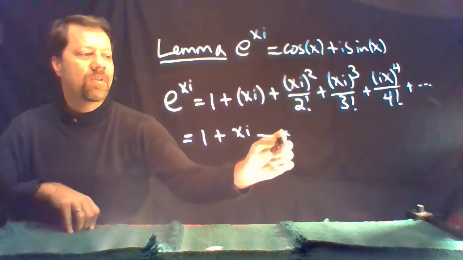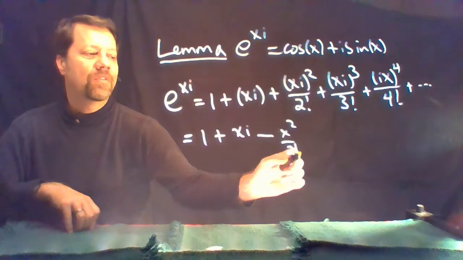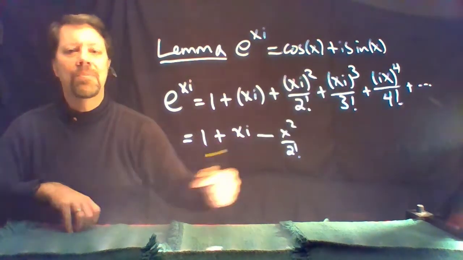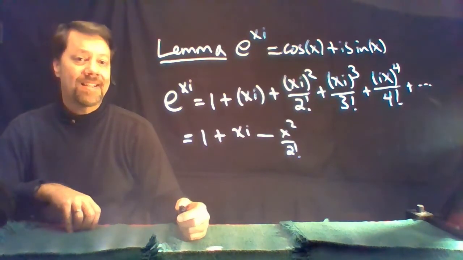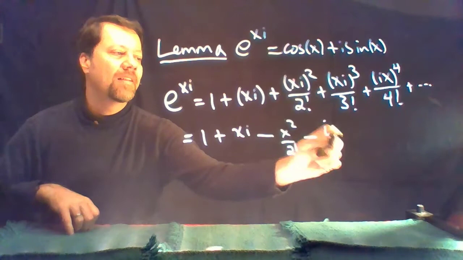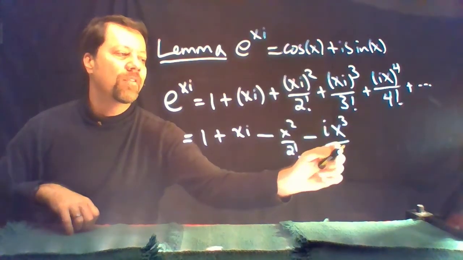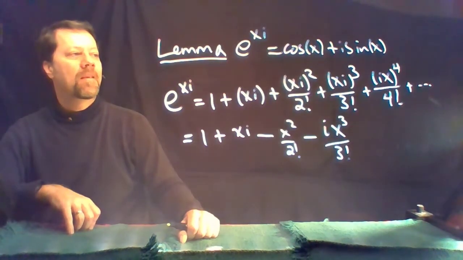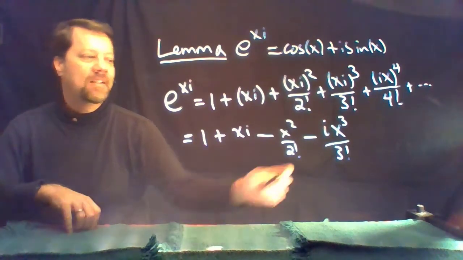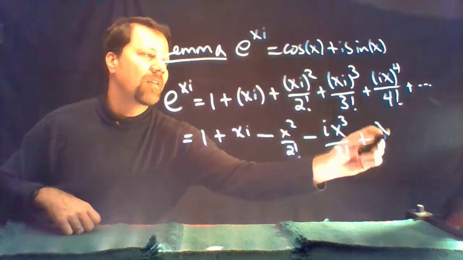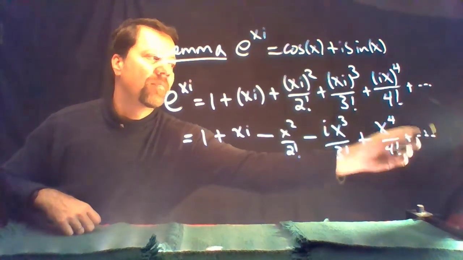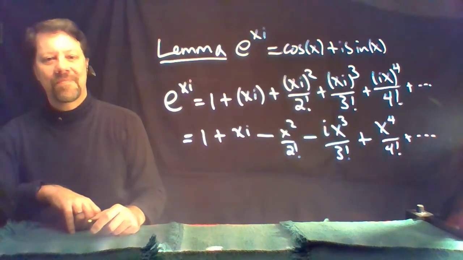So the next term is going to be minus x squared over 2 factorial. On the other hand, i cubed, we can think of that as i squared times i, which just gives us minus i times x cubed over 3 factorial. i to the 4th just multiplies another factor of i on, and so we get plus 1 times x to the 4th over 4 factorial, and so on and so forth.